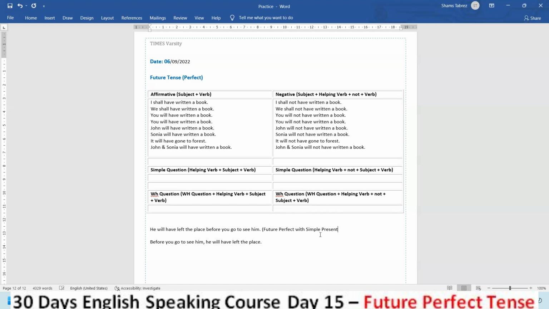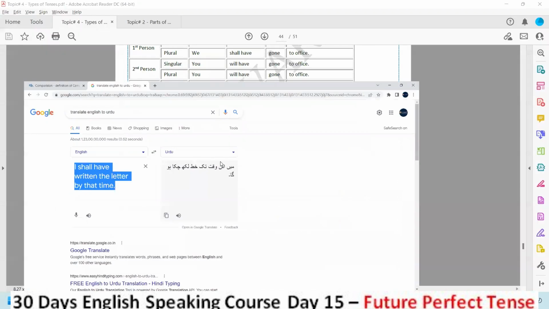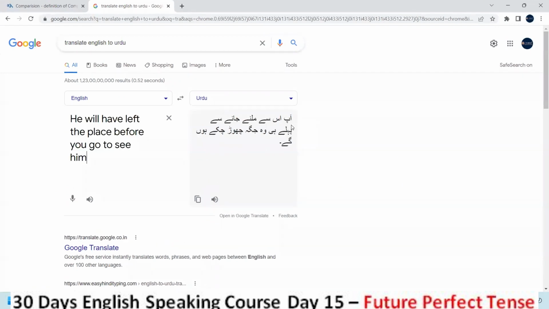In this sentence, though you are conveying same message, but first you are writing simple present, then future perfect. At the end, you are trying to convey same message. Let me translate. आप उससे मिलने जाने से पहले ही वो जगह छोड़ चुके होंगे.